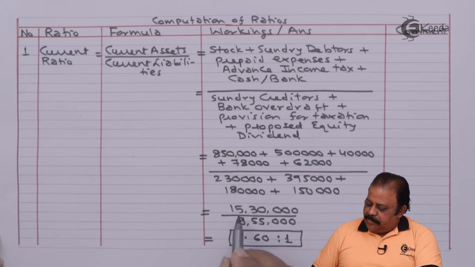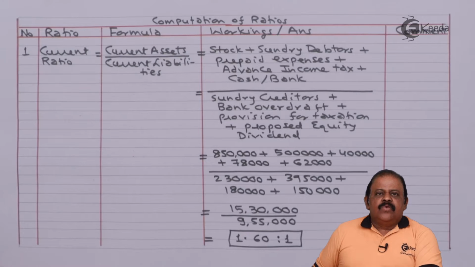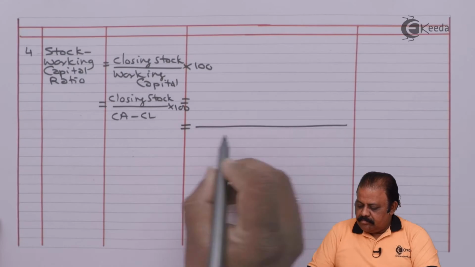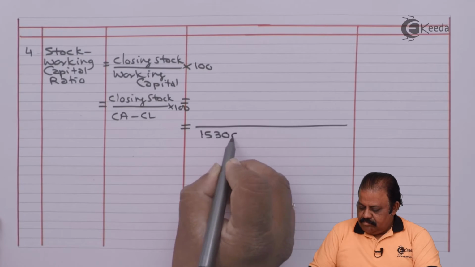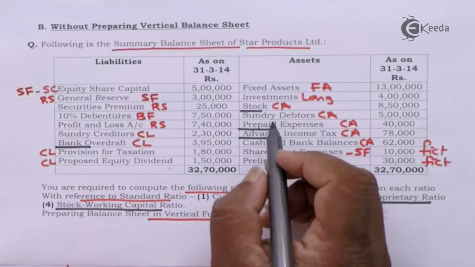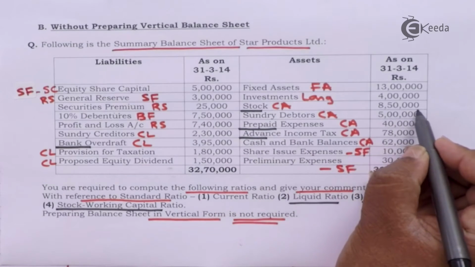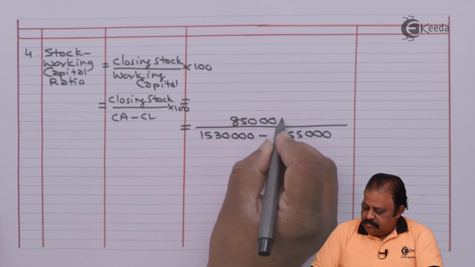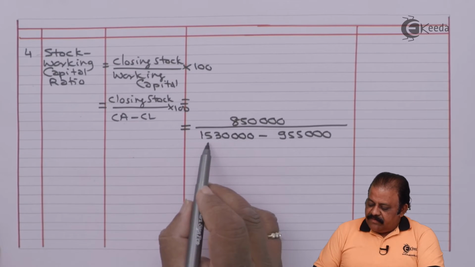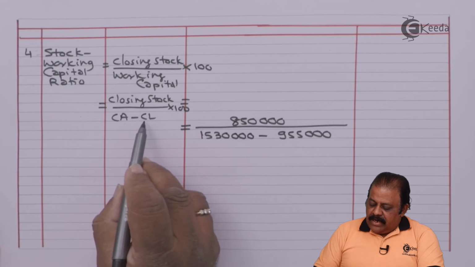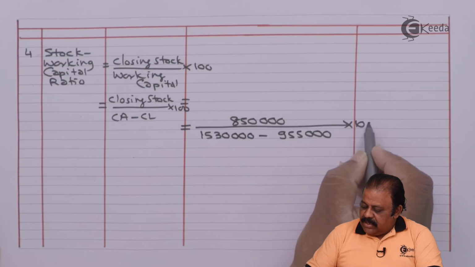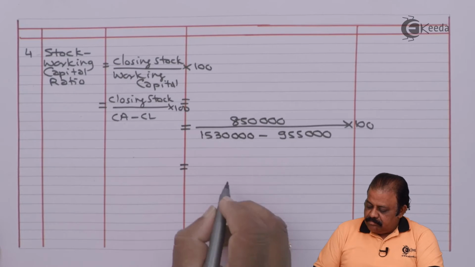Total current assets 15 lakh 30,000, total current liabilities 9 lakh 55,000. The amount of closing stock we have is 8 lakh 50,000.